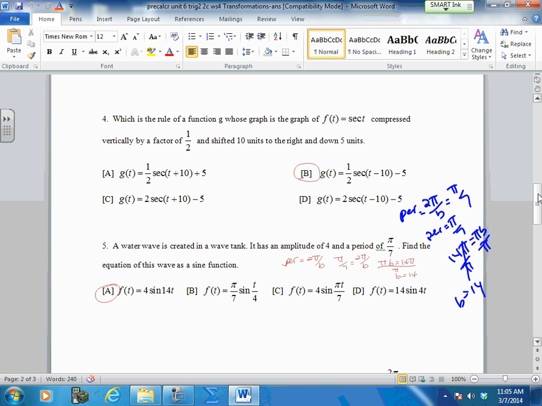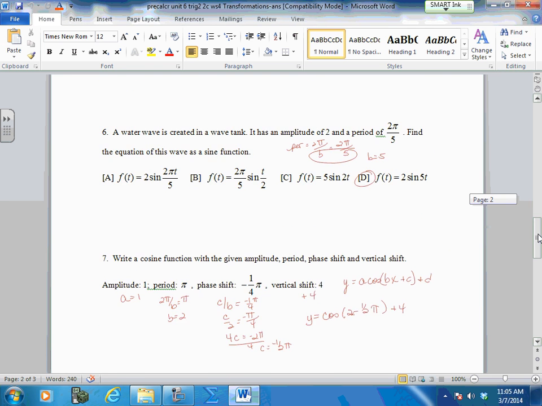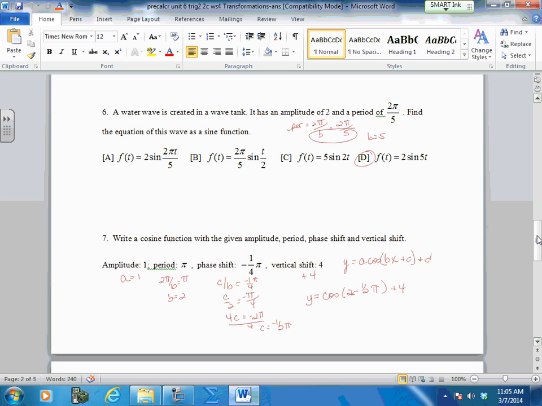And you had to work it a little bit differently. And with an amplitude of 4, it was either going to be this guy or this one. And your 14 had to fit right in here, where your frequency goes. You had a little bit of backwards thinking. And this one too, you had to work with your period.